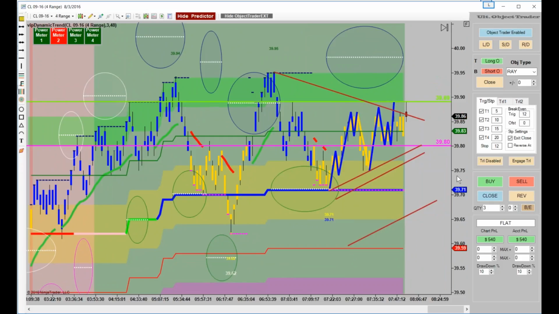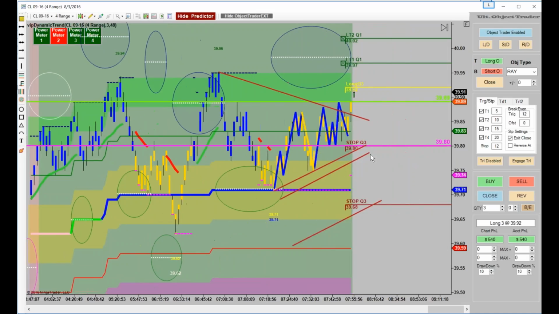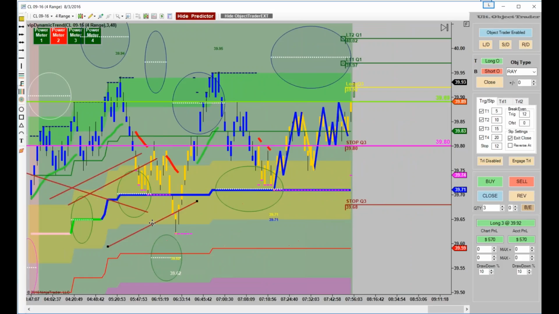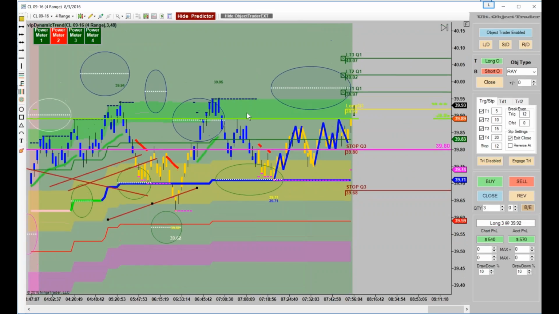By the way, what Ken's talking about, if you were in a trade, let's go ahead and take a trade just for the fun of it. What Ken's talking about is if you set your stop as a reverse.